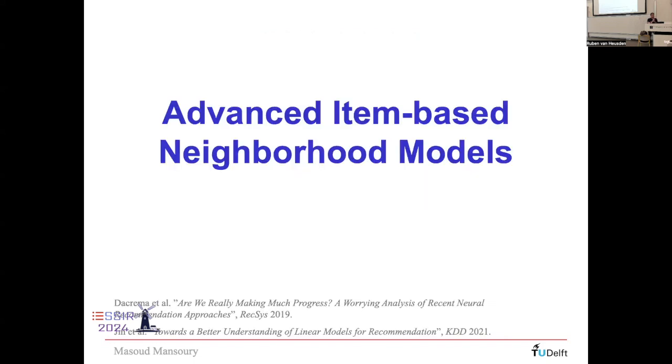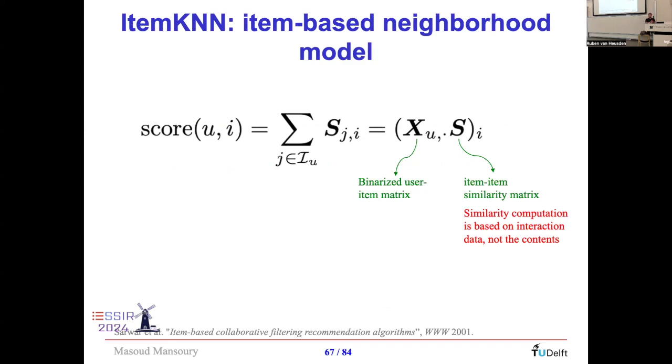The last approach that I want to share with you is the advances in the item-based neighborhood model. I would share the research works in this line that try, one by one, to improve item-based neighborhood models. They try to address the limitations of this model. This is the basic formulation for item-based collaborative filtering that we saw in previous slides.